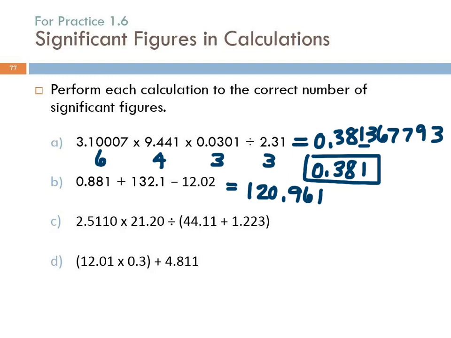Well, we could stack these up, or we could look at them. This is adding and subtracting. It uses a different rule. We're looking at number of decimal places. This one has the uncertainty in the 3rd decimal place. This is in the 1st decimal place. This has uncertainty in the 2nd decimal place. This one has the largest uncertainty. So we're going to round our answer off to 1 decimal place.